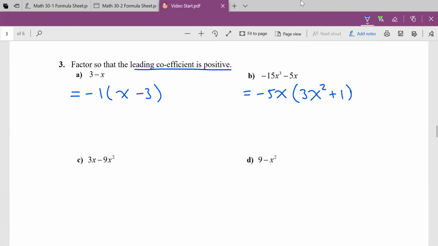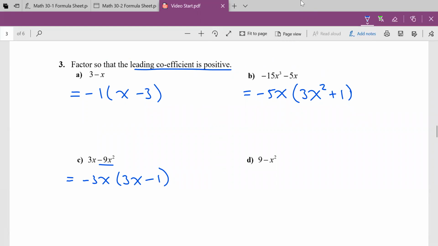Okay, let's try 2 more. C, well, I want negative 9x squared to be positive. So I'm going to factor out my greatest common factor of negative 3x. Negative 9 divided by negative 3 is 3. X squared divided by x is x. 3x divided by negative 3x is negative 1. There it is.